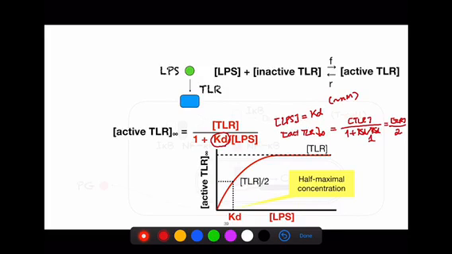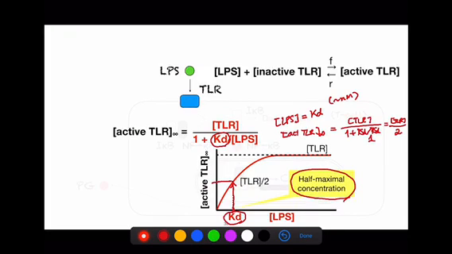What does it mean? When LPS has a concentration same as the dissociation constant, it will indicate the half maximal concentration.